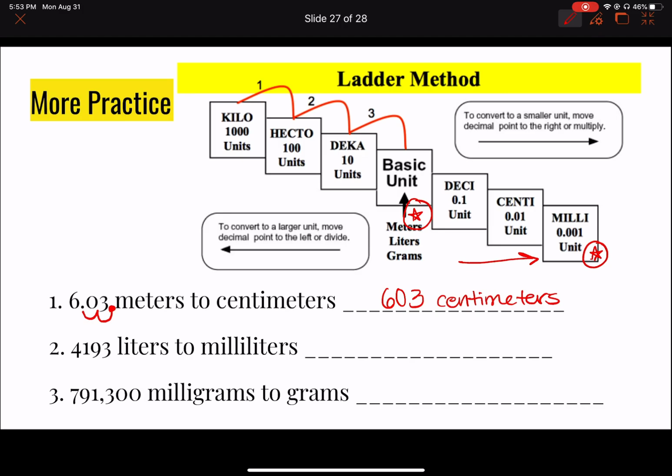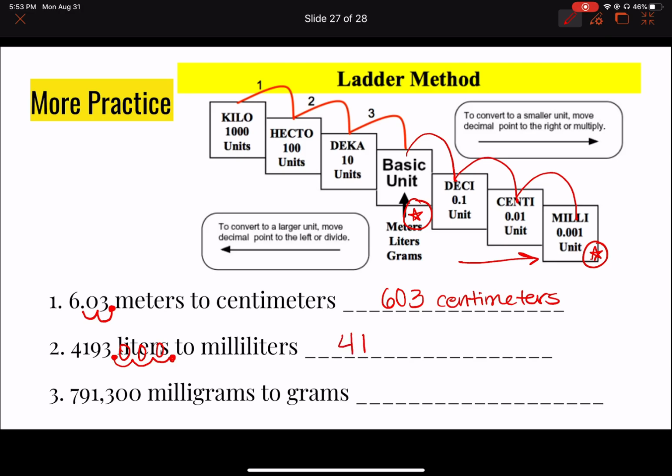We jump and count the boxes. We go 1, 2, 3 jumps. And remember, for this one they did not give you a decimal point, so the decimal point is right here on the very end of the number. So we move that decimal point 3 times to the right. We go 1, 2, 3, and that moves right there, and then you fill in your gaps.